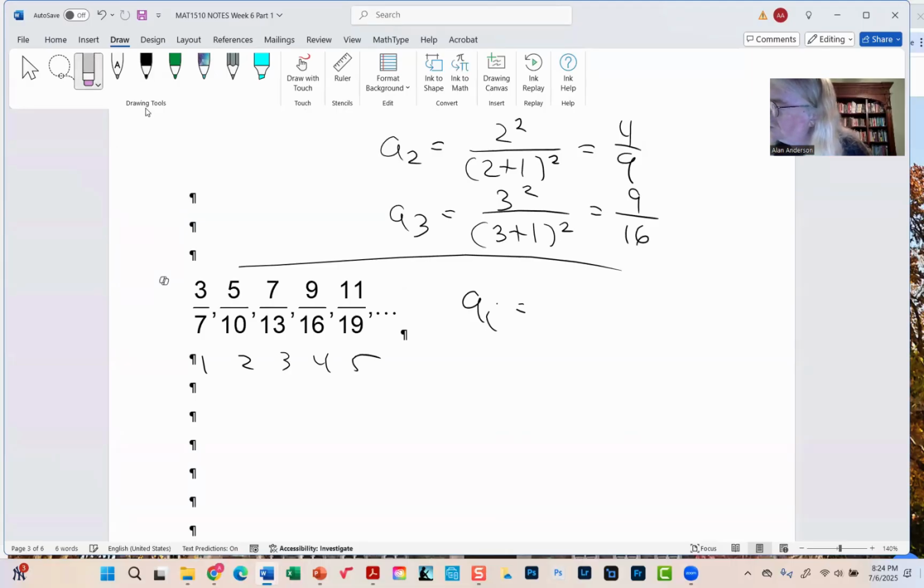Let's try three plus... Now it's always going to be adding two.